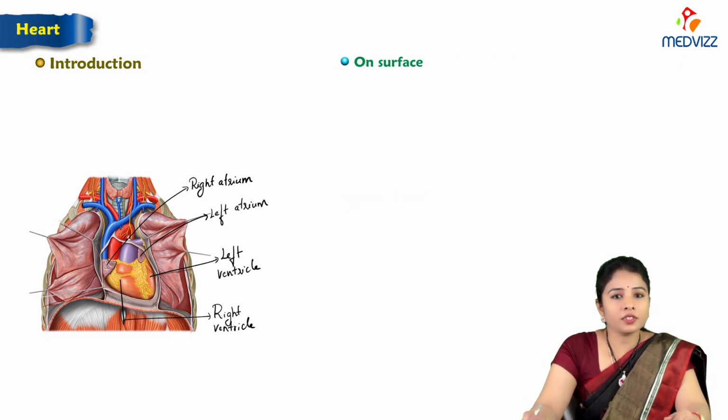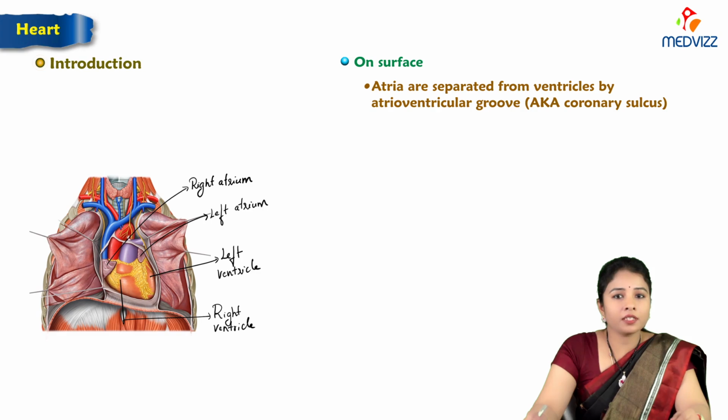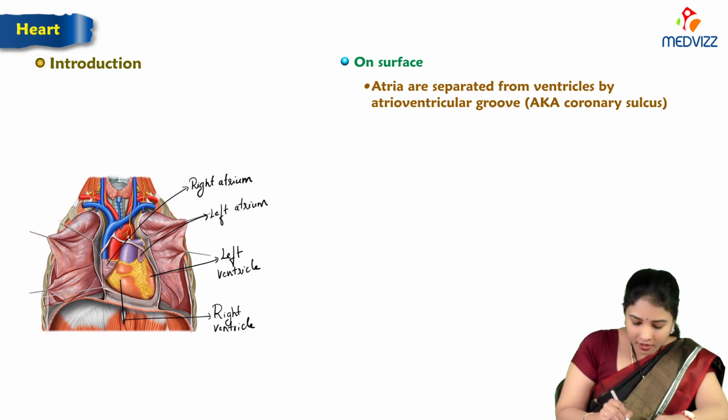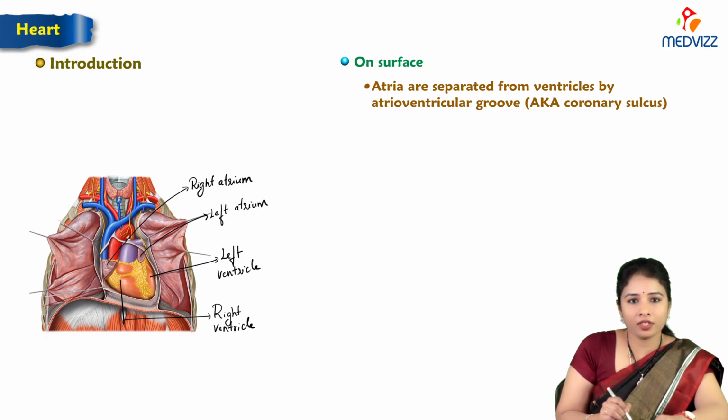On the surface, the atria are separated from the ventricles by the anterior atrioventricular groove. This groove, which demarcates the atrium from the ventricle, is the coronary sulcus, the right coronary sulcus or right coronary groove.